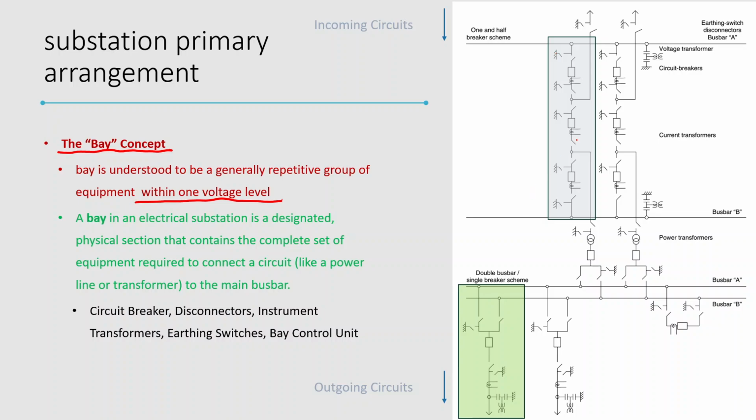All this equipment works at the same voltage. For example, if your incoming voltage is 132 kV, then this bus will also be 132 kV, and all the equipment here will also operate at 132 kV.